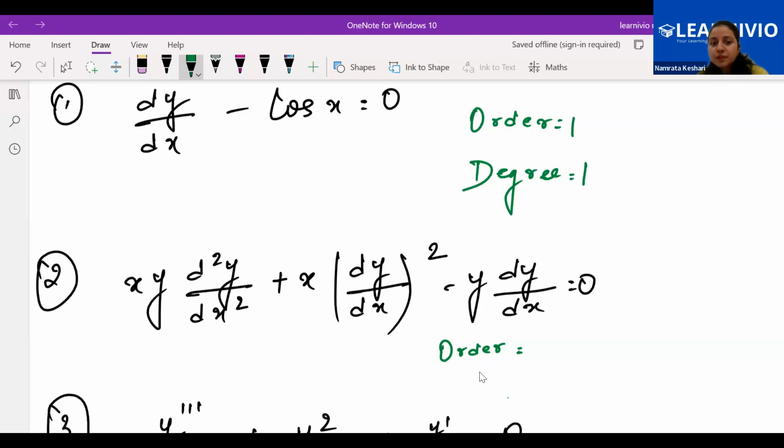And what is the degree? Degree is 1. This one's degree we have to check, and that is 1 over here.